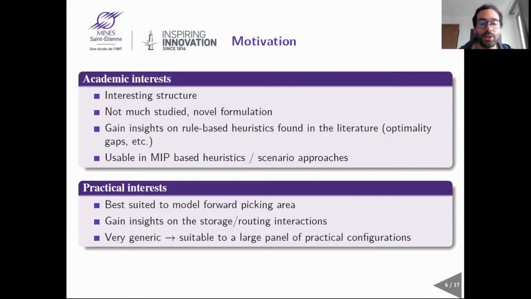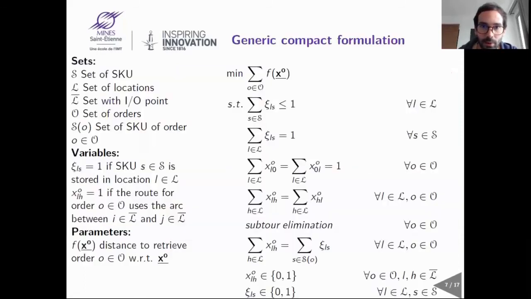Then we present a very generic formulation that is suitable to a large panel of operational configurations. So first, I will present a generic compact formulation. We have a set of SKUs, stock keeping units, that are the items, and a set of locations. The main goal is to assign the SKUs to the locations.